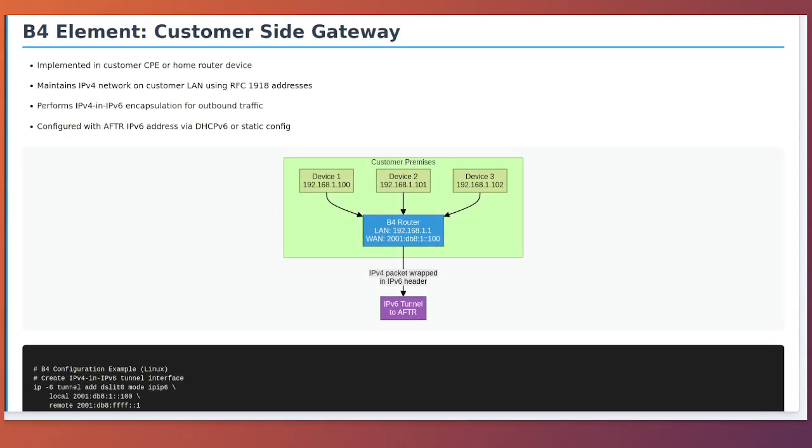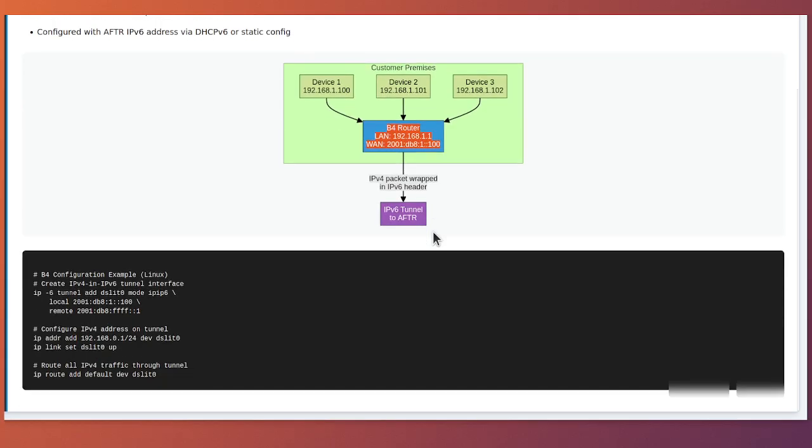B4 Element Architecture. Let's examine the B4 element in detail, as it's the foundation of the DS-Lite solution from the customer perspective. The B4 element is typically implemented in the customer's home router or CPE device. Its primary responsibility is to create an IPv4 in IPv6 tunnel that carries the customer's IPv4 traffic across the ISP's IPv6-only network.